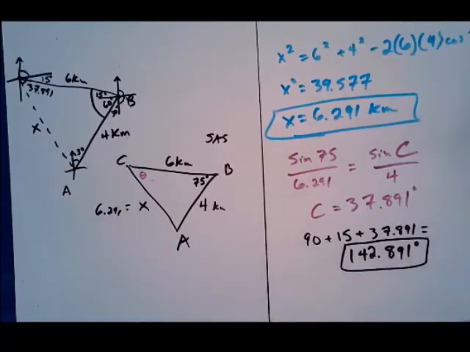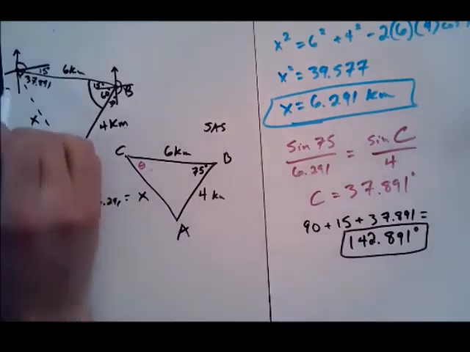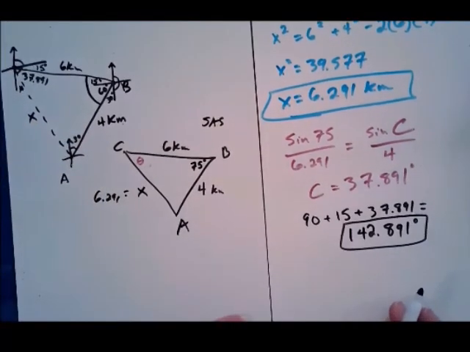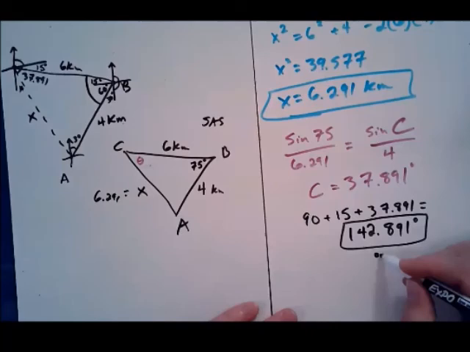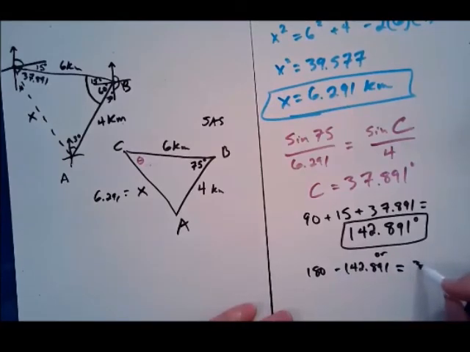You can give that as just a degree like that, or if you prefer using the cardinal directions, northeast, southwest, you want to base it off of the north-south line. So an additional possible way that you could give this answer is looking at what is this piece here. That piece is 180 minus 142.891, which is 37.109.